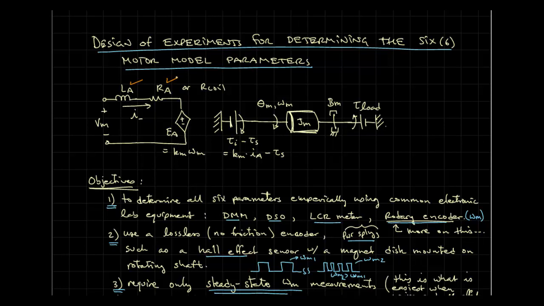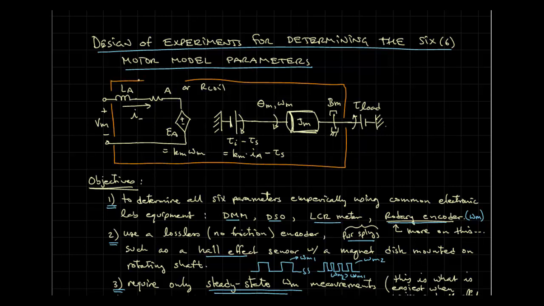Now the trick for measuring this is that we need to make sure when we connect to the terminals of our motor, recall that this is in a box, right? We cannot access any of this internally. So the only thing we have access to is we can set Vm, we can measure Ia, that's easy to do, and then we're going to measure omega m over here. So assume that we can observe these 3 things.